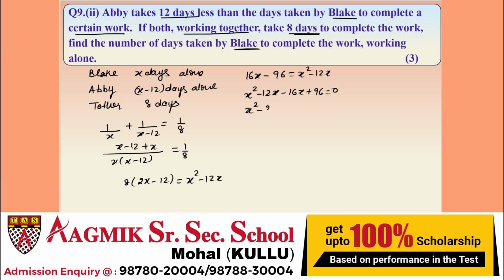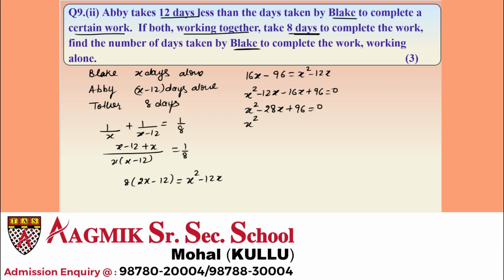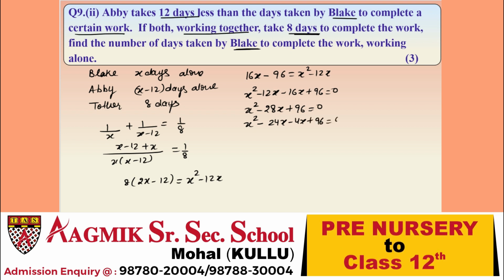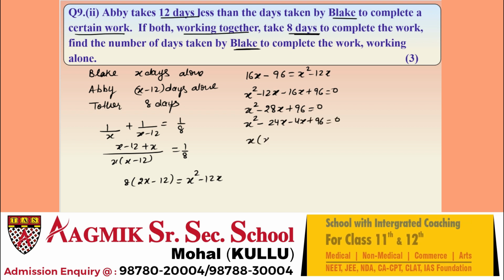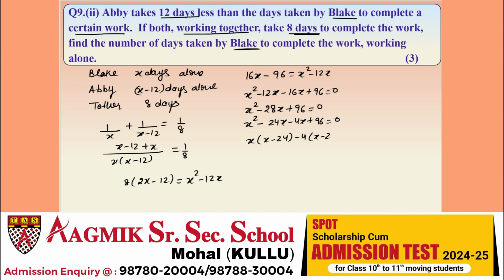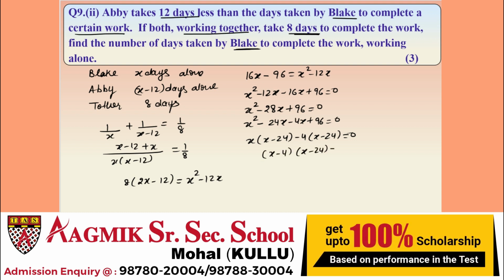That is x square minus 28x plus 96 equals 0. Let us split the middle term. So we have x square minus 24x minus 4x plus 96 equals 0. First two terms, x is common, x minus 24; minus 4 common, x minus 24. So that means we have (x minus 4)(x minus 24) equal to 0.